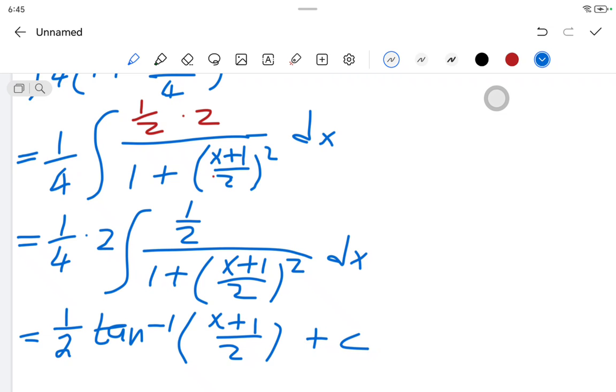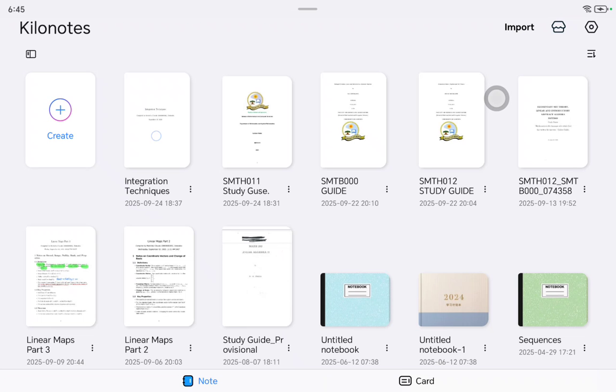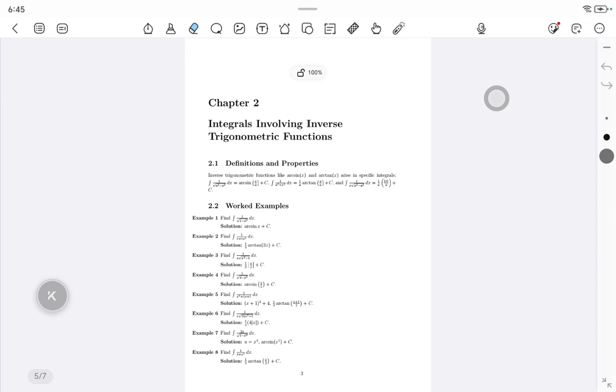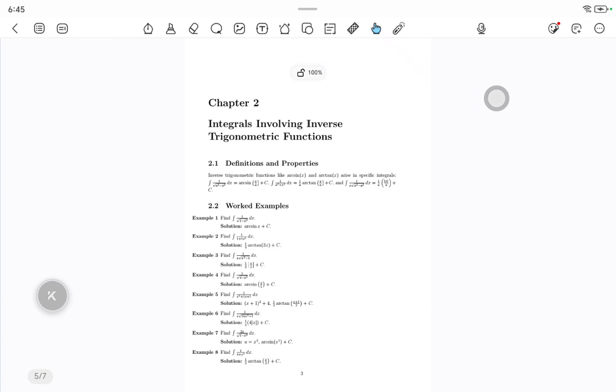So if we go back there, we check, what did we get? It's the same thing. Let's see. I think it's this. Yeah.